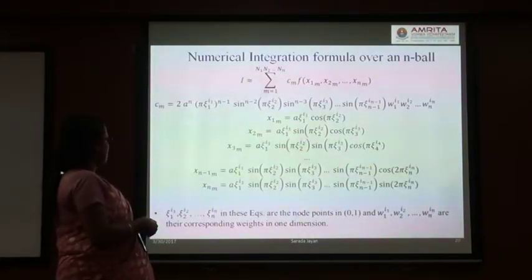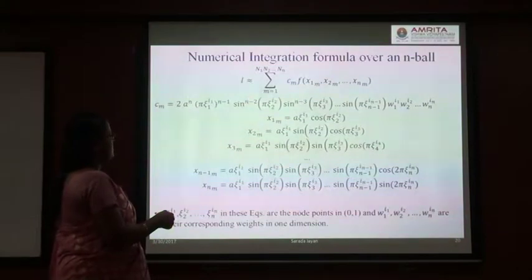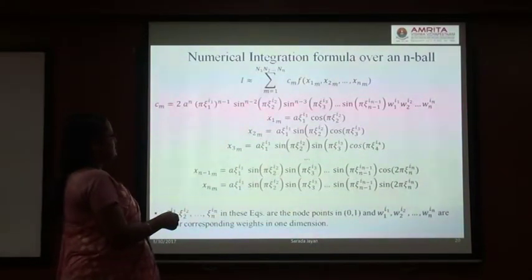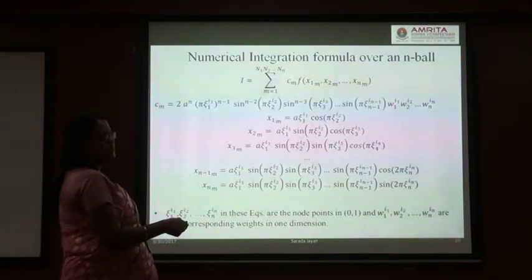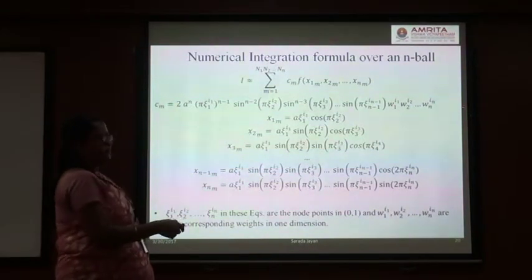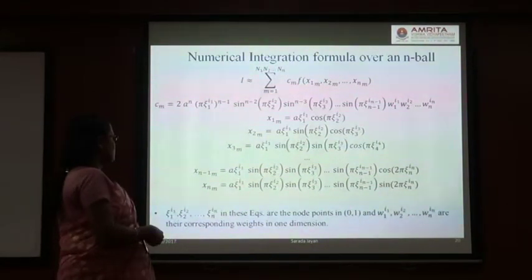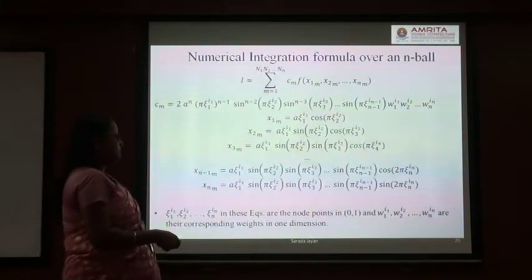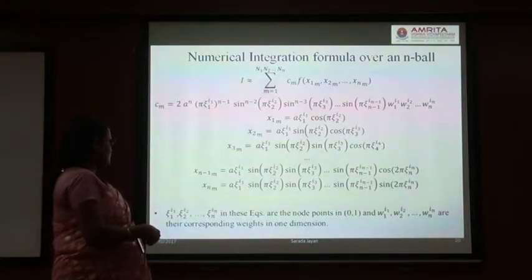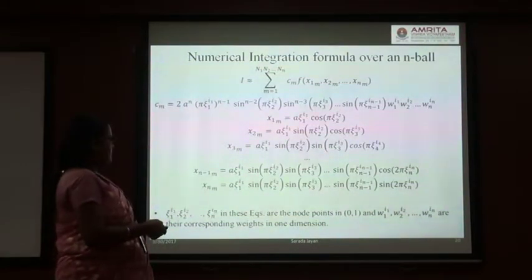So Cm is given here, 2 into a power n pi xi1 i1 raised to n minus 1 sin raised to n minus 2 times pi xi2 i2 sin raised to n minus 3 times pi xi3 i3 etc., sin pi xi n minus 1 i n minus 1 times all the weights w1 i1, w2 i2 etc. Now all these points in these equations are the node points between 0 and 1, and they are the corresponding weights for one dimension.